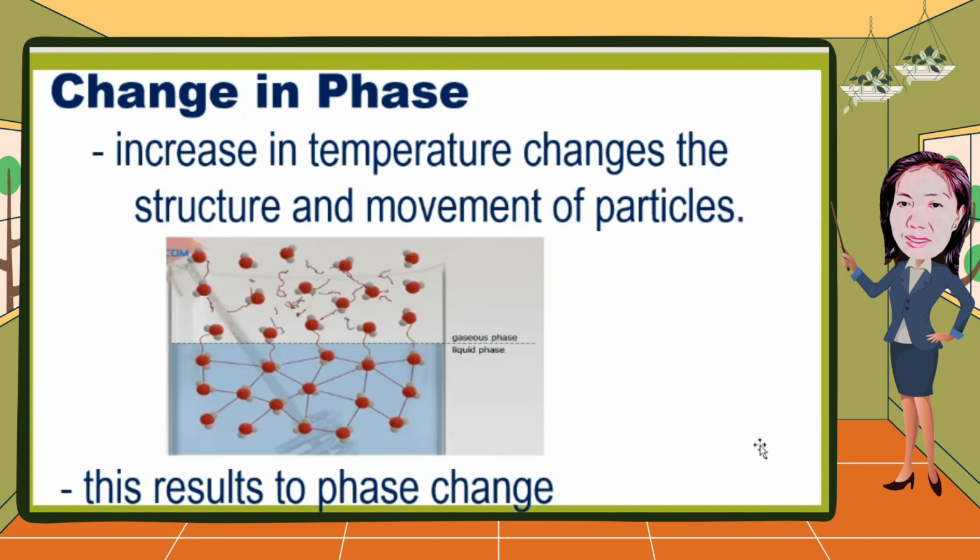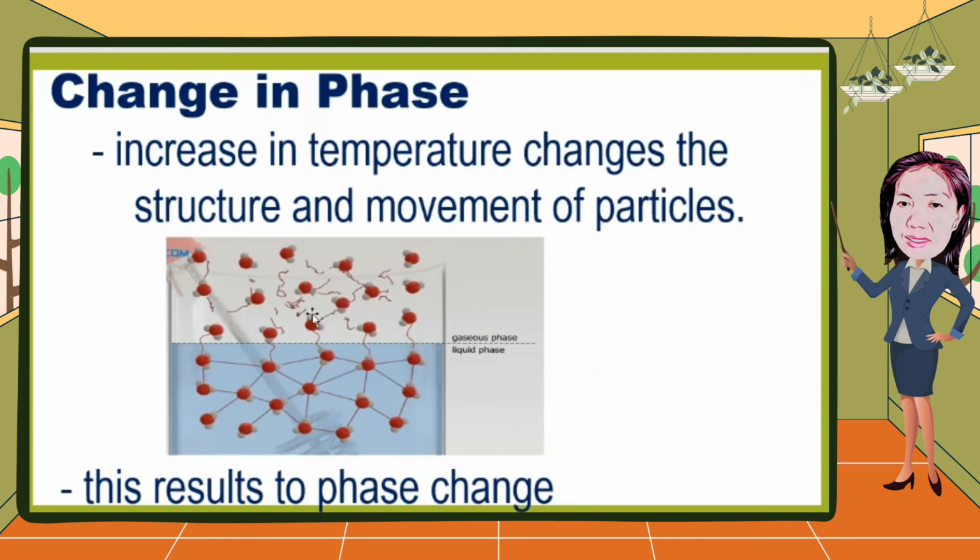So try to look at this picture or illustration. So the original state of this object is in liquid phase. So above, if we apply heat on the object that is in liquid phase, what happened to the bond? What happened to the forces between particles and particles? So na-break. Okay?